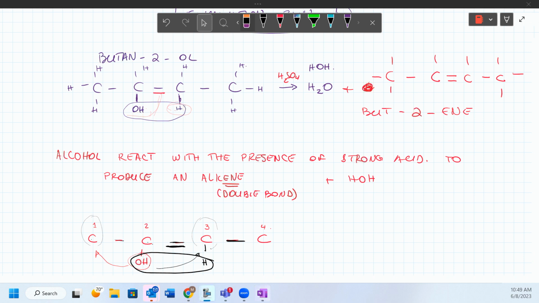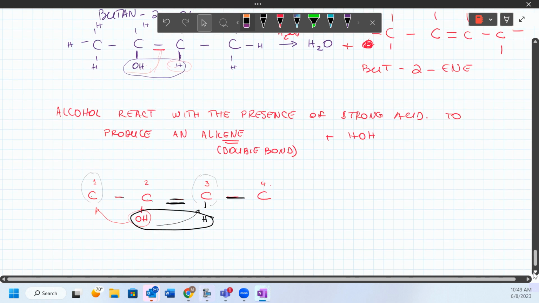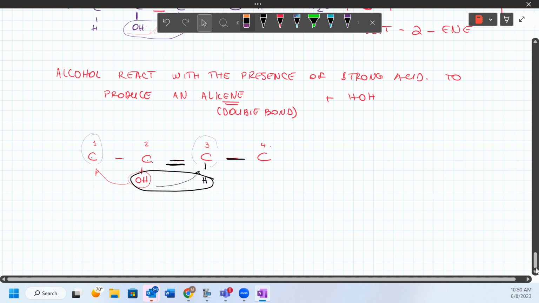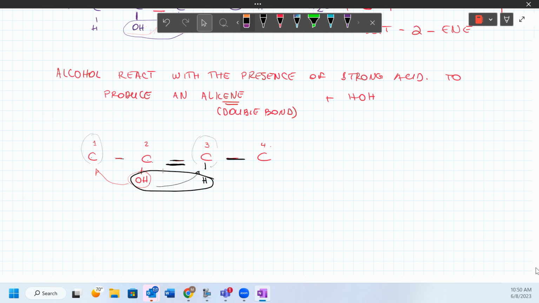The second type of elimination reaction that you will see in Chemistry 30 is when an alkyl halide, an organic halide, reacts with a strong base in the presence of ethanol to form just an alkene.